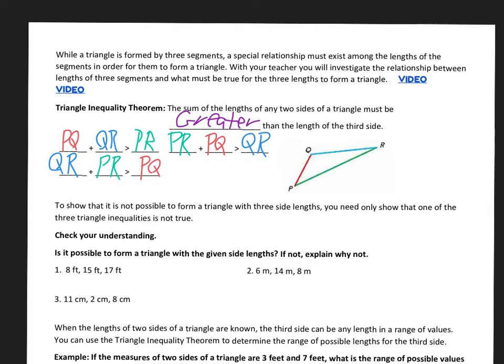If these three inequalities are true, then we functionally have a triangle. If any of these inequalities are not true, we don't have a triangle. We can therefore use this triangle inequality theorem to identify which sets of three sides could make up triangles and which sets of three sides could not make up triangles.